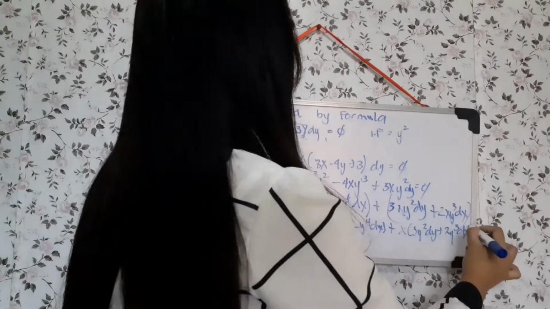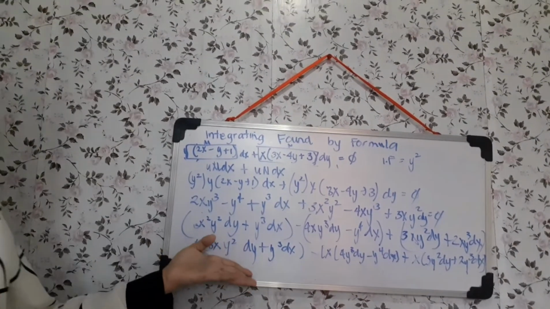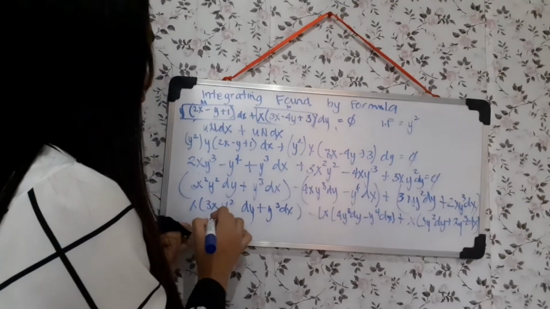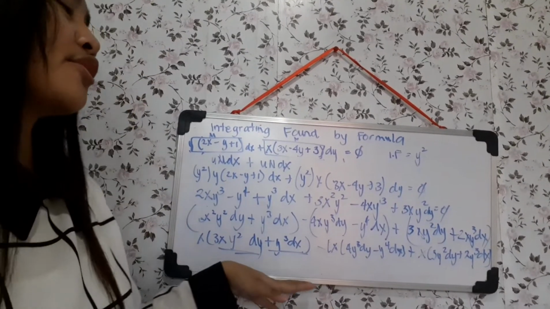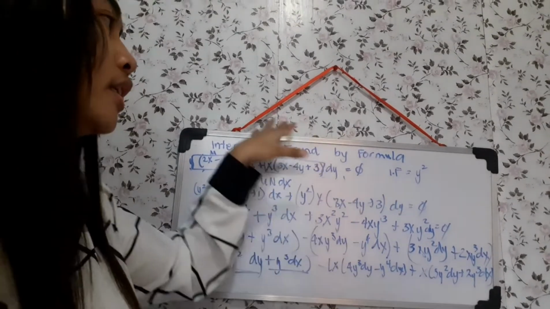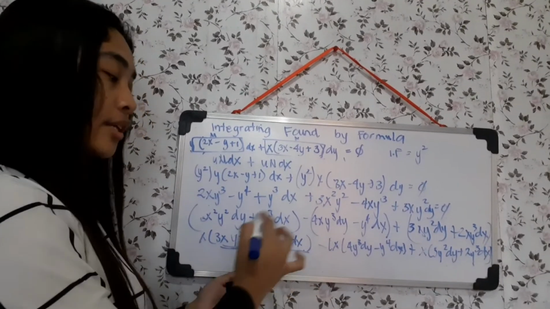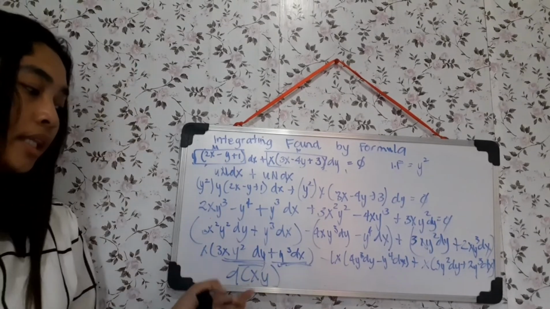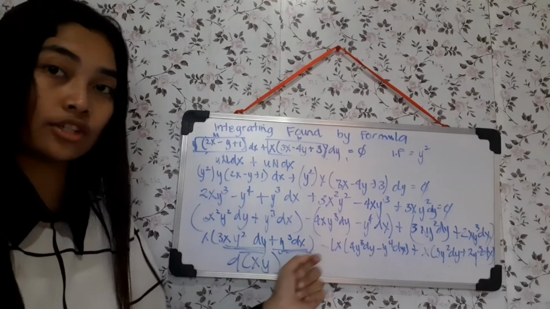So after factoring it out, we see that x dy plus y dx looks familiar. So it is from the formulas that I've discussed earlier about the integrating factor by inspection. So x dy plus y dx is equal to the derivative of xy. So meaning we can replace it in this equation.